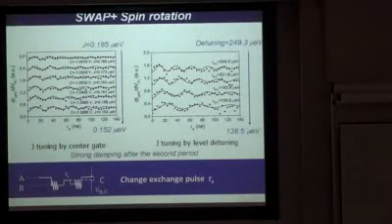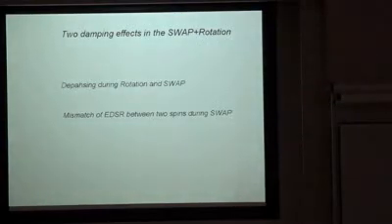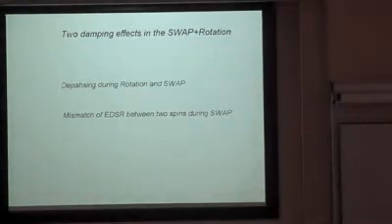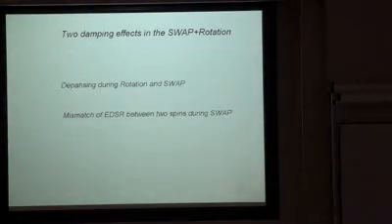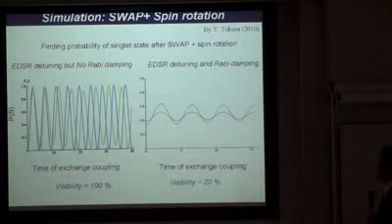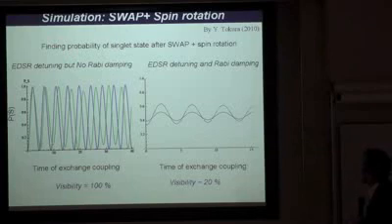Now the visibility of this oscillation is more or less limited by two factors. One is the dephasing during the rotation and the swap, and also the mismatch of the Zeeman energy between two spins, which occurs only when the swap gate is going on. This is the numerical simulation, showing the finding probability of singlet state after swap and the spin rotation.